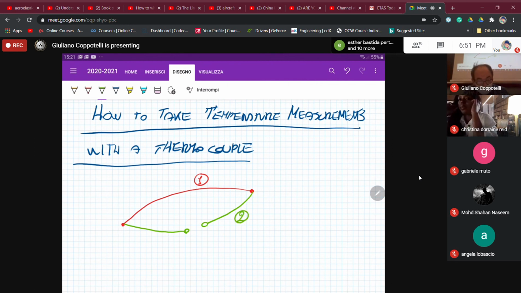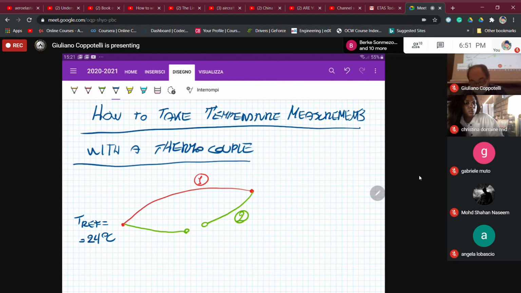We got the hot and the cold junction, remember? So we consider here the T reference, the cold one, equal, for example, to 24 Celsius.